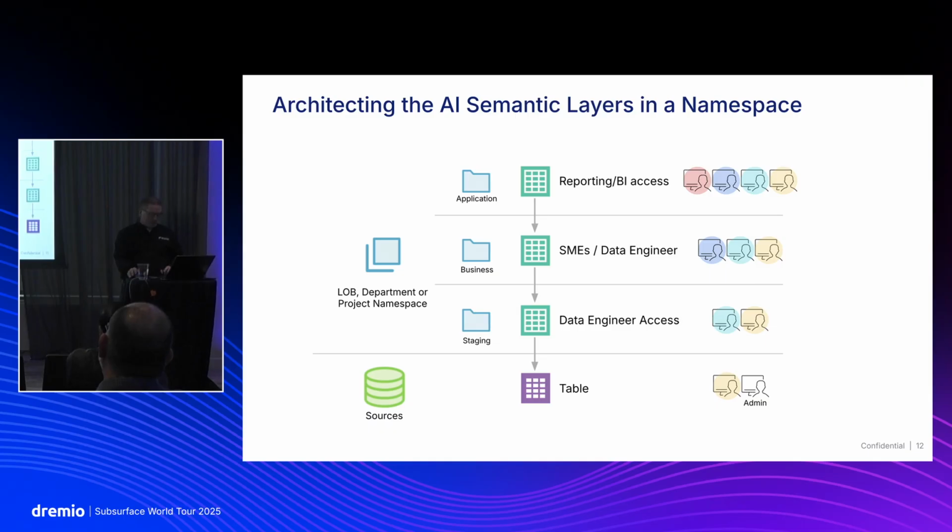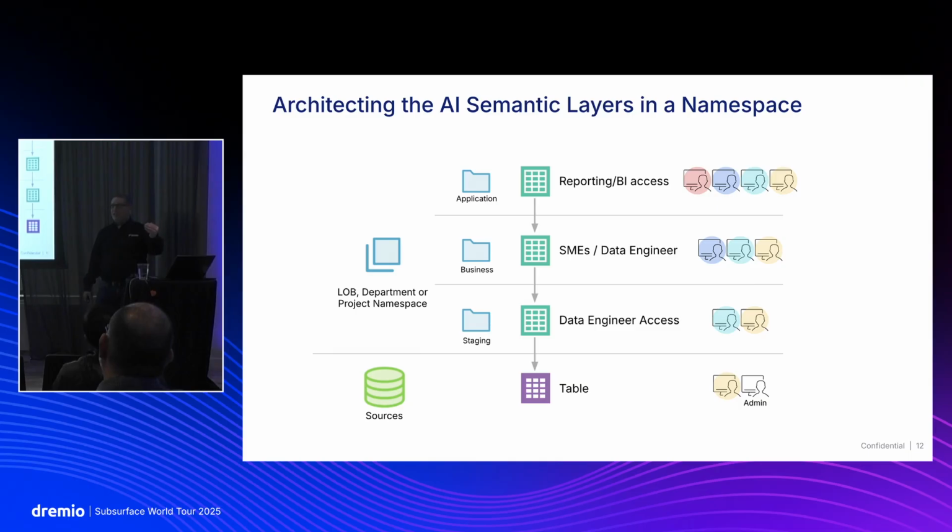Now, below that we have the staging layer, which is typically a one-to-one relationship to the tables in the physical layer, and this allows you to plug and play, so you can change data sources with the semantic layer within Dremio. Suppose the data is in Oracle today, and tomorrow it's in Iceberg tables.